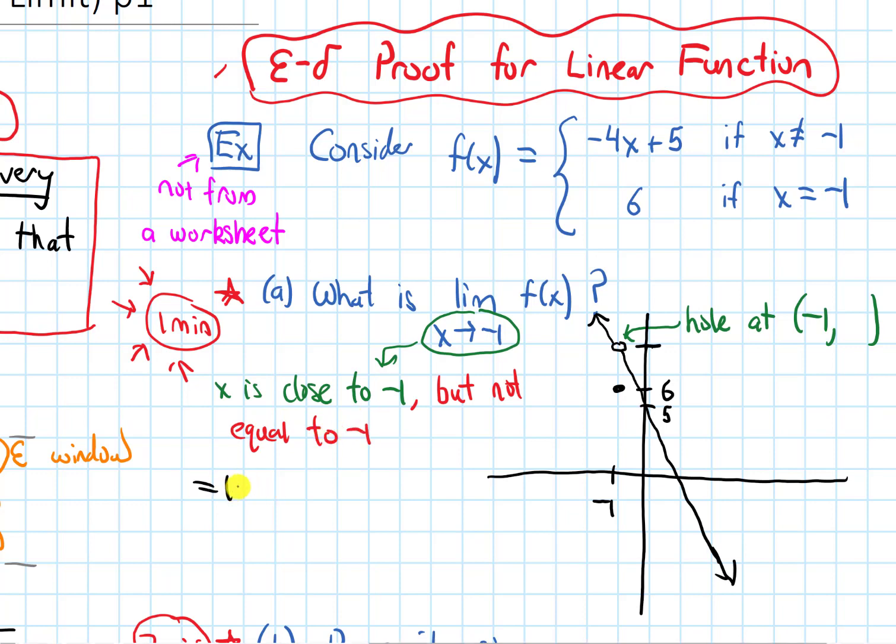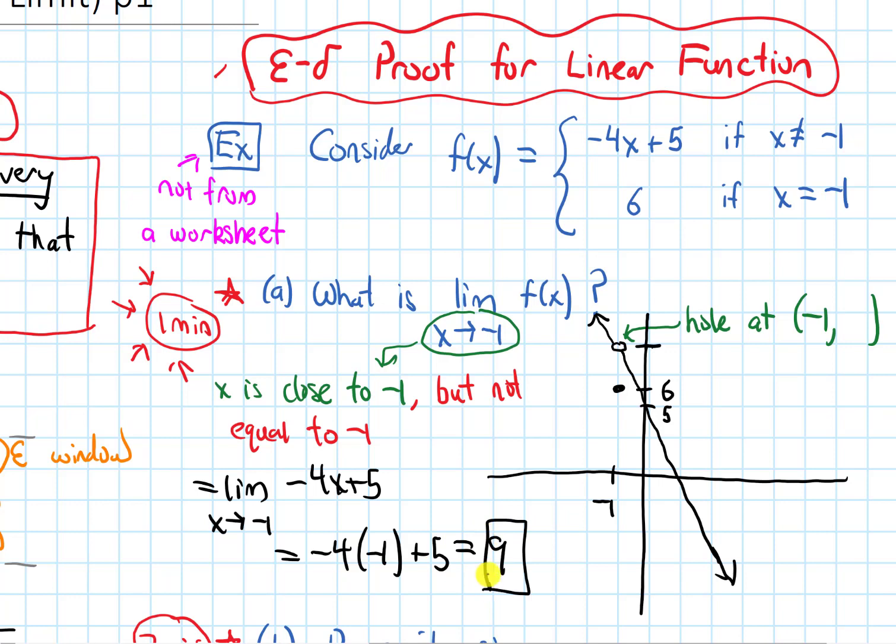Okay, so we'll get the limit as x approaches -1. And when x does not equal -1, that's the top piece of this piecewise function, -4x plus 5. Now let's just plug in -4 times -1 plus 5, and that equals 9. And that's our limit. So that is going to be the y-coordinate of this hole, 9.